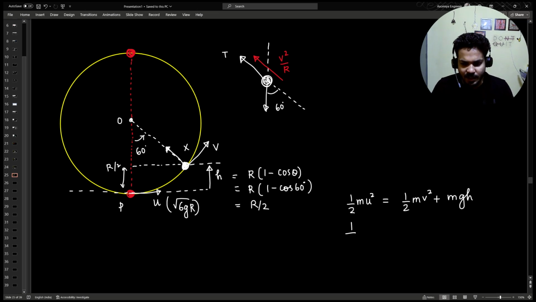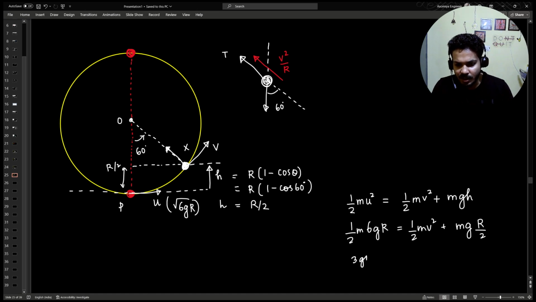So you're going to say half m into 6gr becomes equal to half mv square plus mg r by 2, because h is r by 2. We figured it out. Okay, so you can cancel out all the m's, right? So you have 3gr minus gr by 2 gives me half v square.